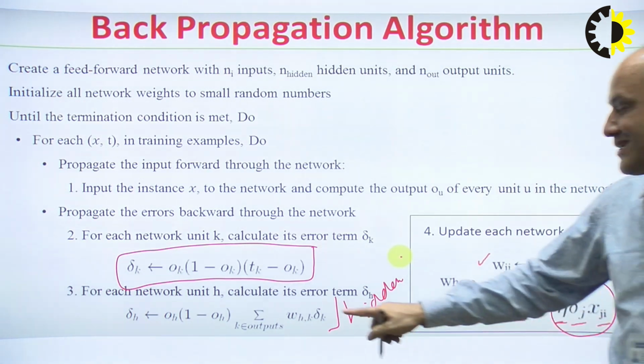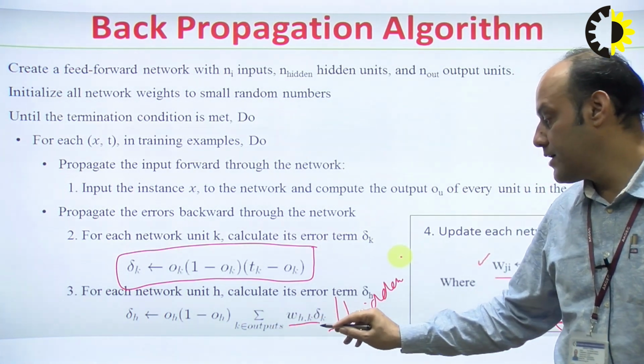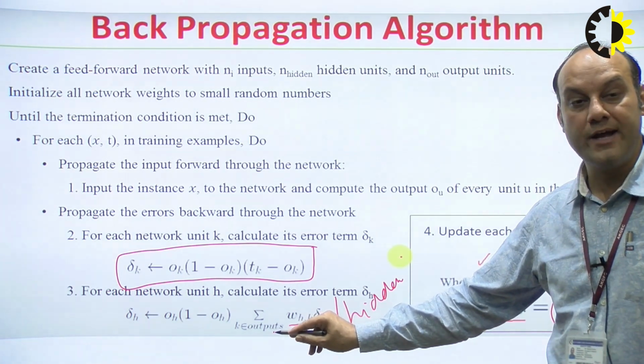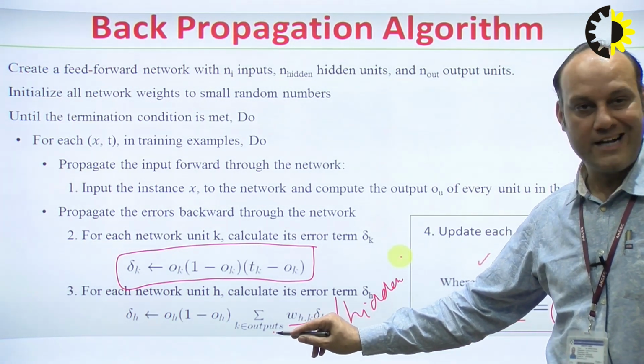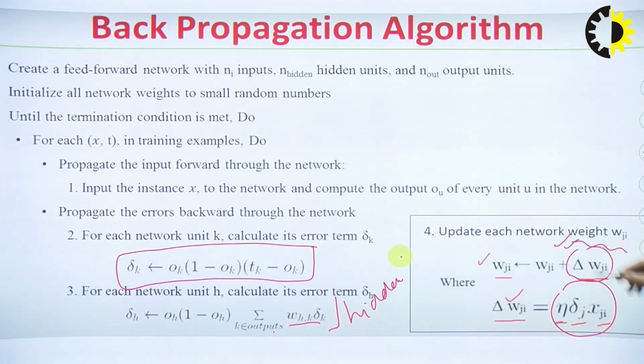This hidden layer error will be due to the outputs. How many output units do we have? Both delta 6 and delta 7. It will be calculated here, and after that we will update the weight using the learning rate, eta, that we call it.